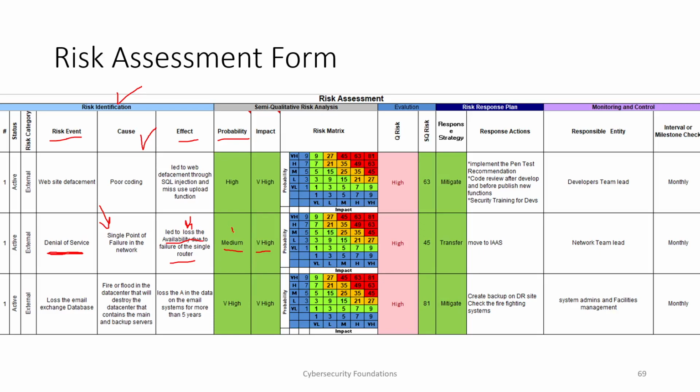Based on these two factors, we can try to measure how much our risk is. Assuming that this is like an axis, a horizontal and vertical axis, this vertical axis is for probability. So if you have a medium probability, this could indicate the value of 5. Can you see it?